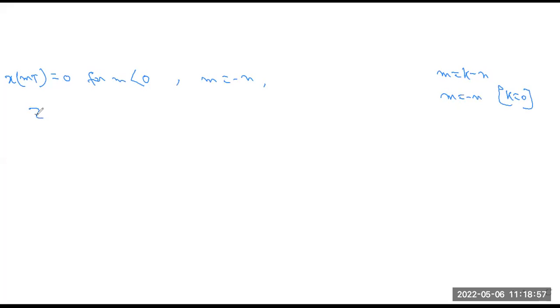So the equation finally becomes the transform of x of t minus nT equal to z to the power minus n, the constant term written first, times the summation of m is equal to 0 to infinity x of mT z to the power minus m.